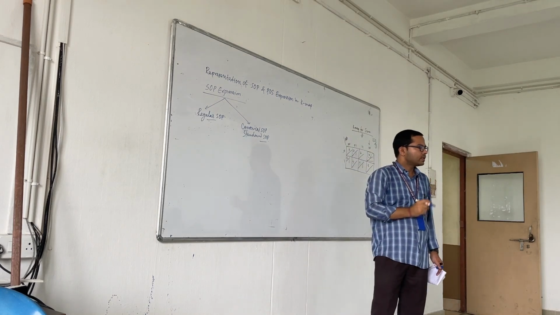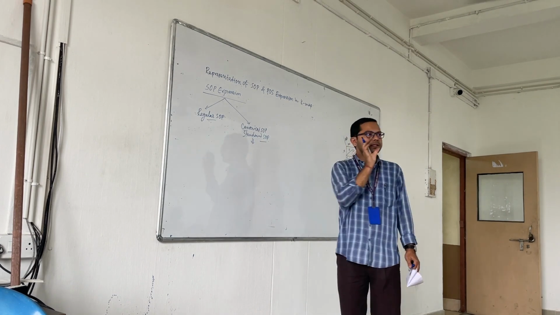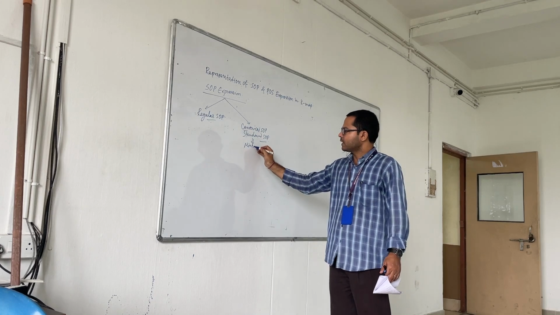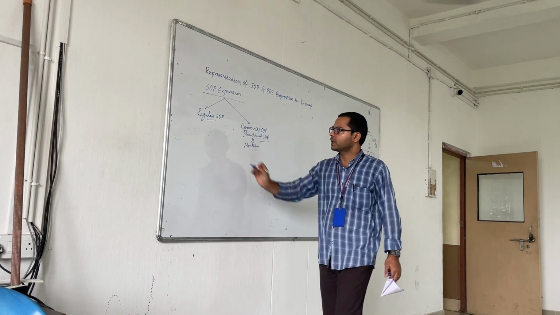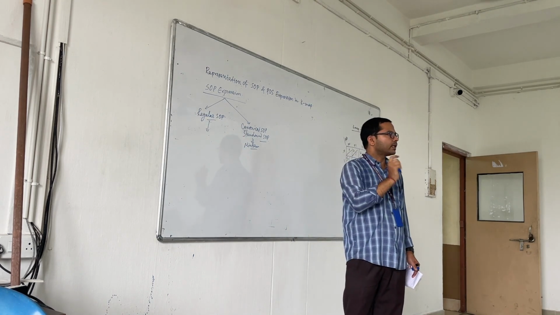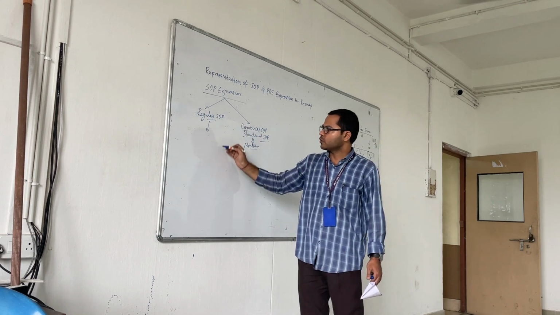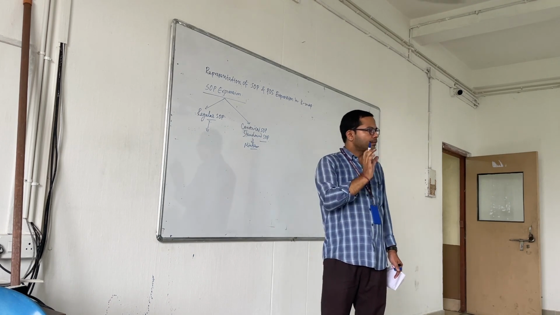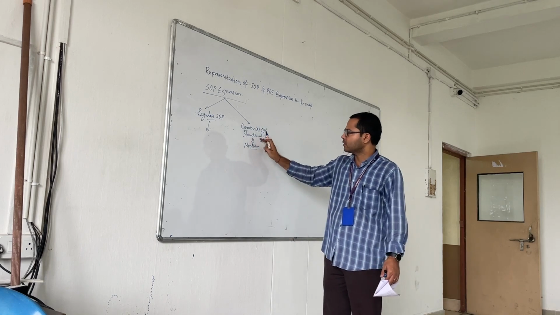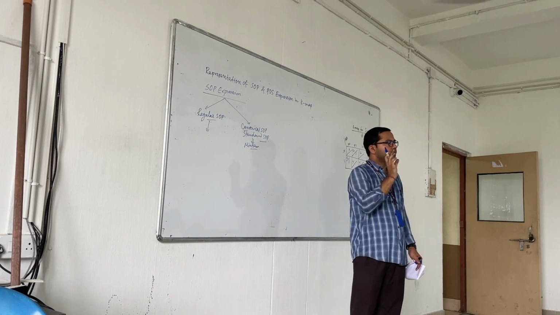In canonical or standard SOP expression, each term is nothing but a min term. But in regular SOP expression, we can't say the terms are min terms, rather we say it's a regular term. Because in regular SOP expression, we can't find every variable in every term. Clear? But in case of canonical or standard form of SOP, we are getting every variable in every term. So that's the huge difference.